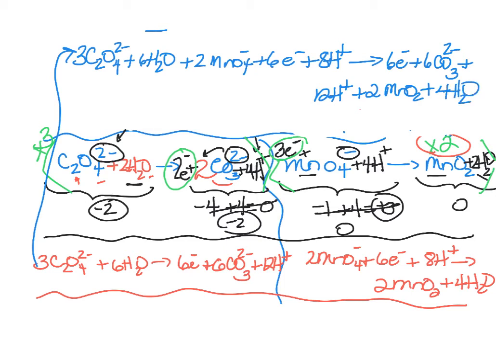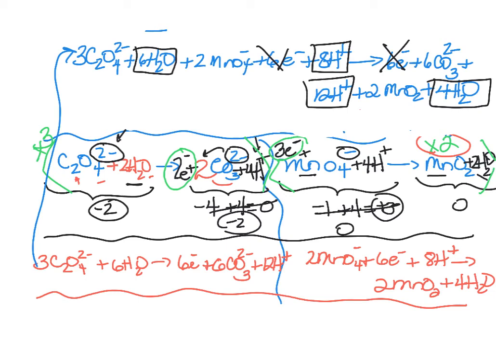All right, so now that you've added everything together, you want to cancel out the things that are the same on both sides and or simplify. So the electrons should always cancel, should always be the same. And then typically you're going to have to simplify. If water shows up on both sides, you're going to have to simplify that as well as the hydrogen ions.